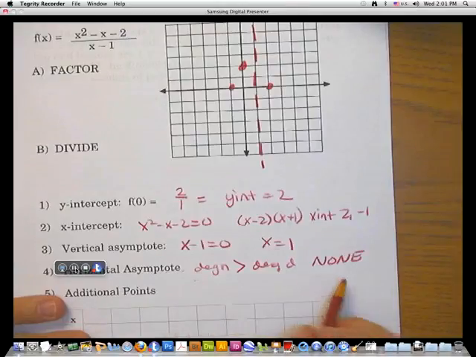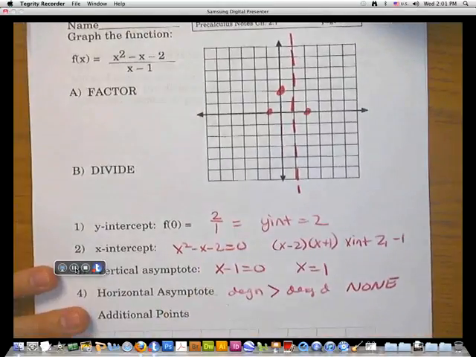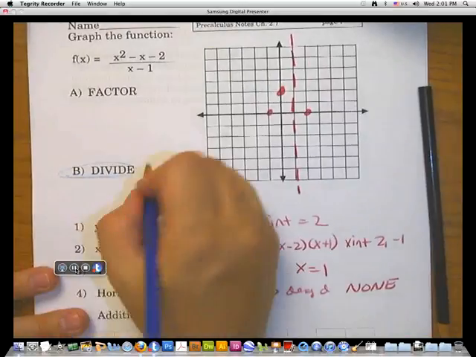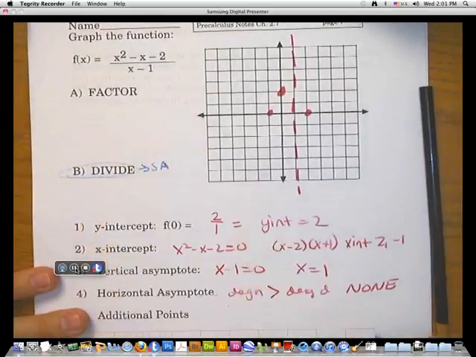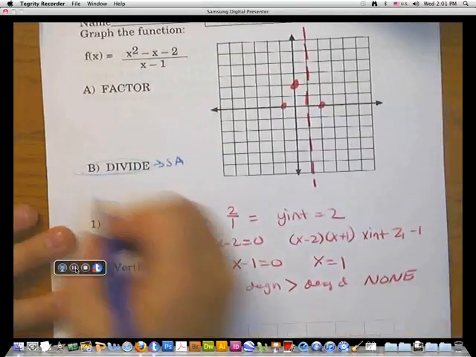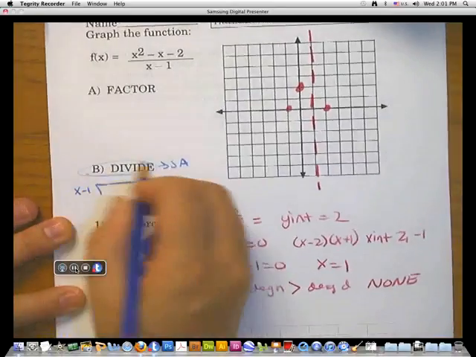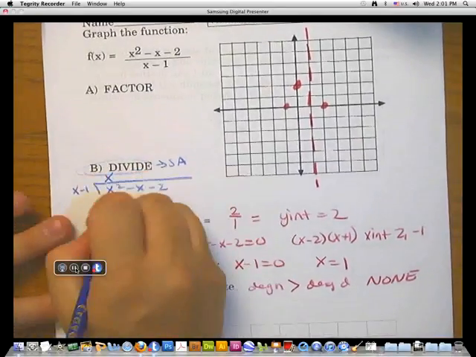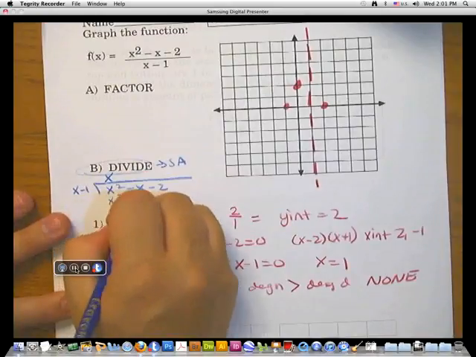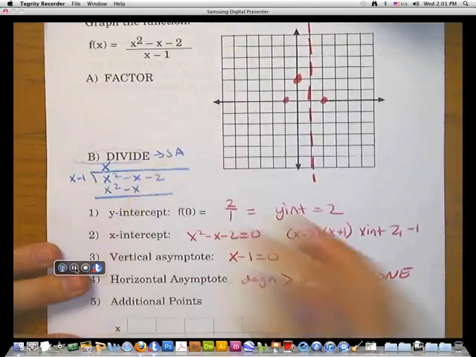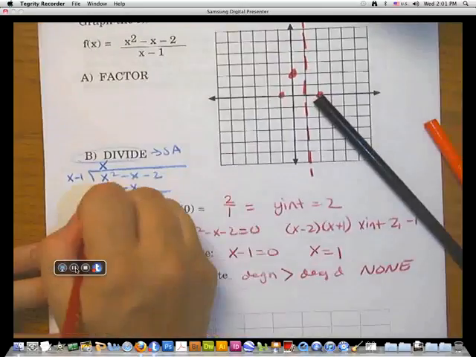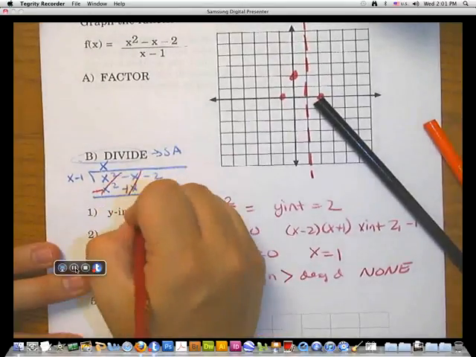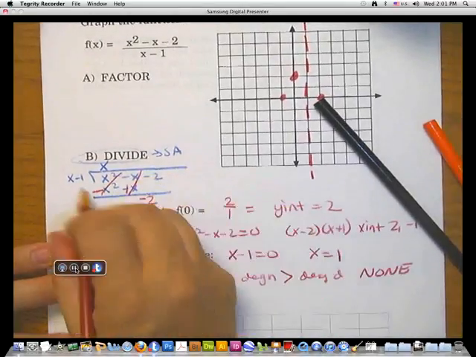So because there is no horizontal asymptote, we need to go and do the division to find the slant asymptote. X minus 1 into x squared minus x minus 2. So we're going to get x. Subtract, so the first one goes away, left over is a -2.